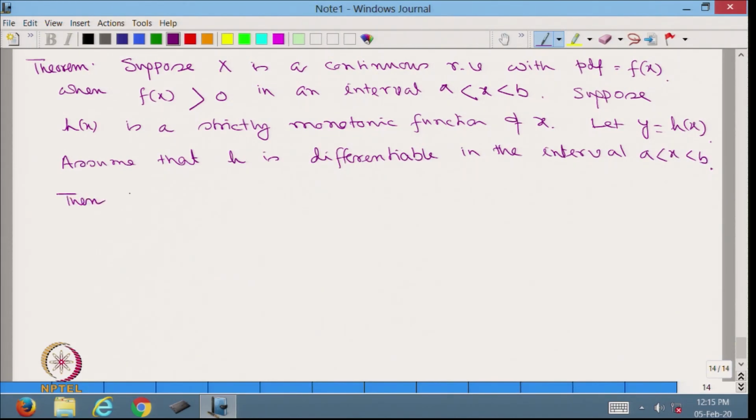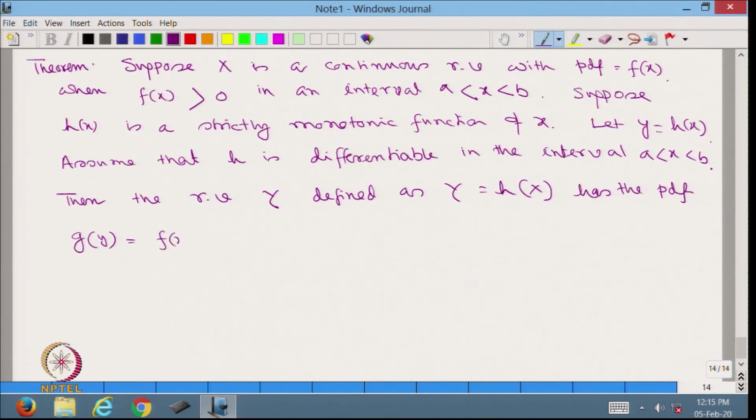Then the random variable Y defined as Y equal to h(X) has the PDF g(y) equal to f(x) multiplied by the absolute value of dx/dy, the whole thing expressed in terms of y.